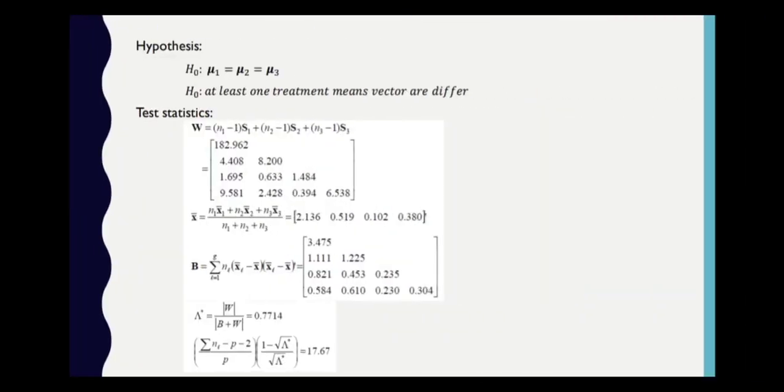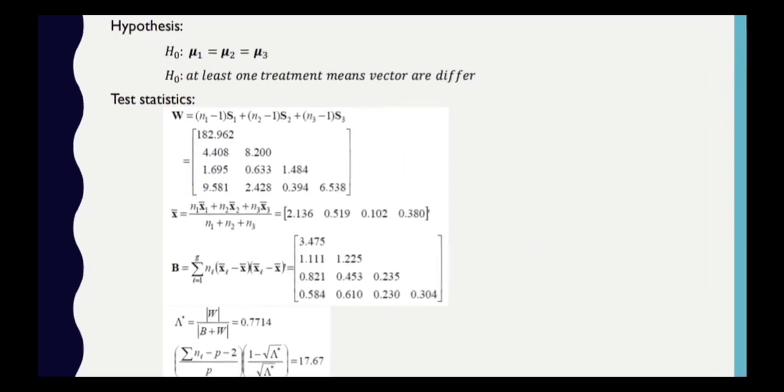And also the covariance matrix is given. The main diagonal will be the variance for each of the variables for the corresponding population or treatment. Okay, so we can apply the one-way MANOVA method.